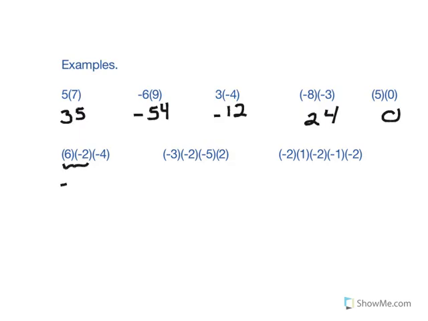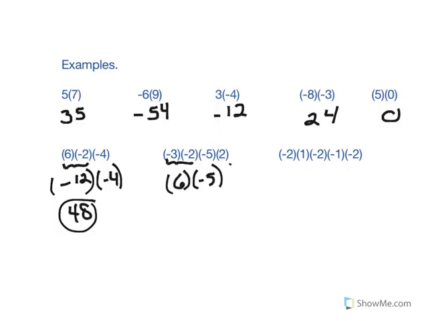6 times negative 2 is negative 12, times negative 4 is a positive 48. Negative 3 times negative 2 is a positive 6. Copy down, but you're not ready to use. 6 times negative 5 is negative 30, which is negative 60.